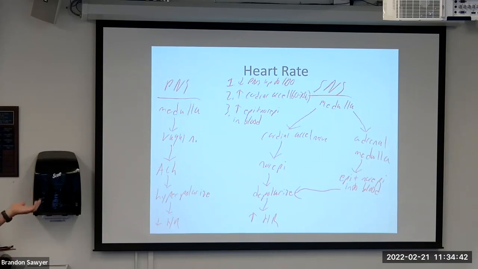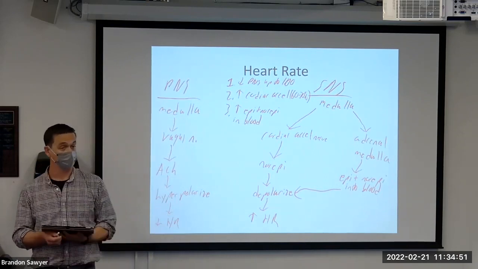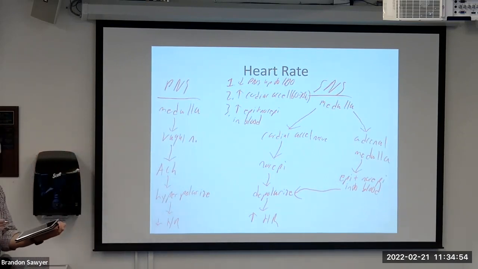The only thing I'll say, and you guys said this, but just make sure that when you do your concept maps and talk about this pathway, you're talking about it decreasing.